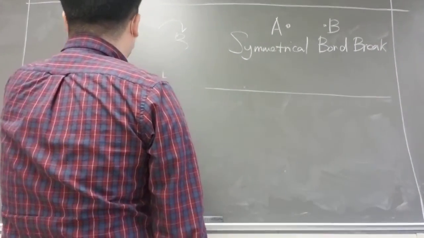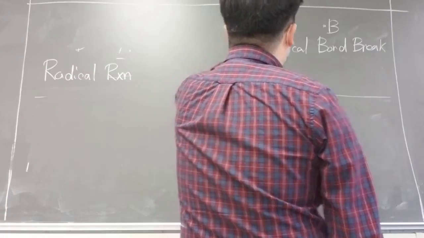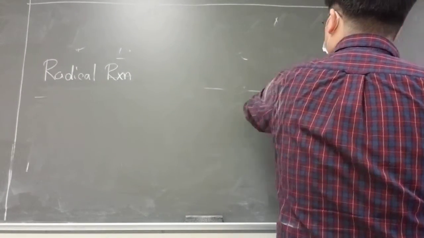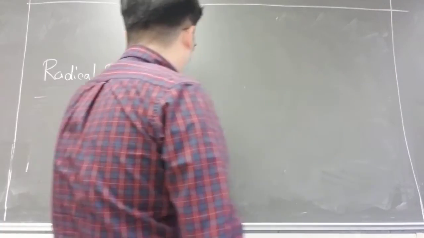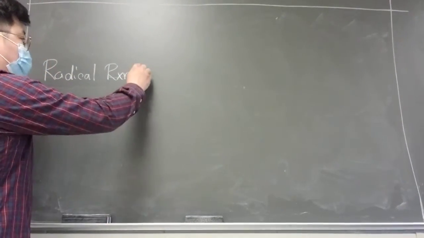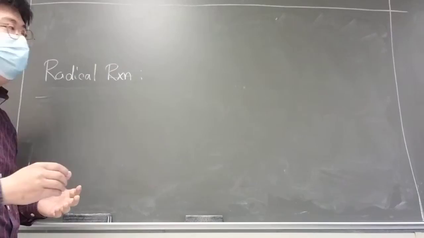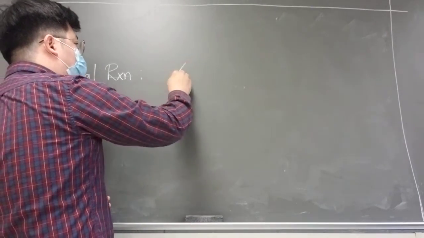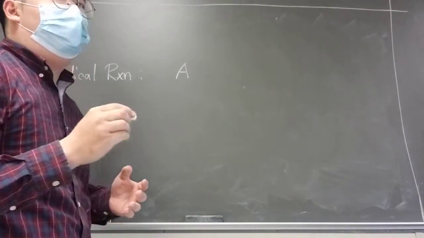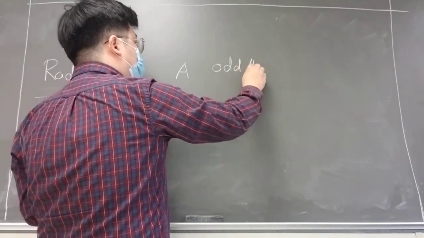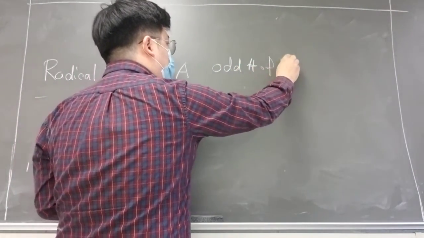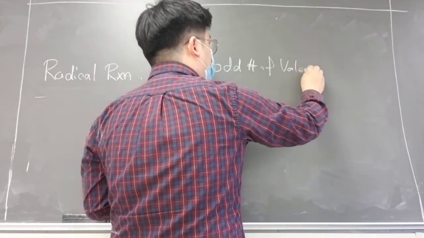Okay, if that is true, let's get some examples here. So a radical reaction is something where you have some compounds over here, but they're going to have odd numbers of valence electrons.